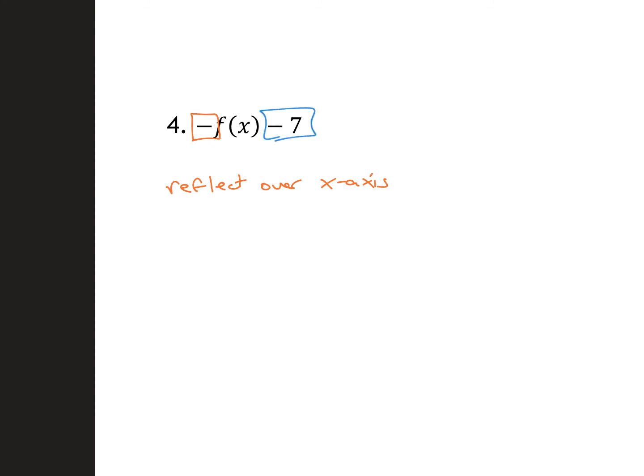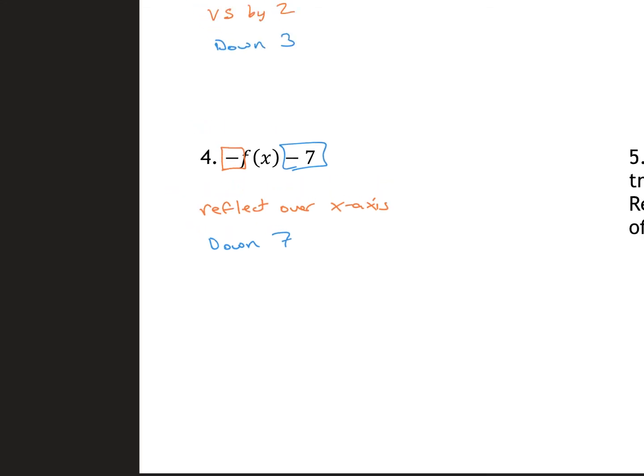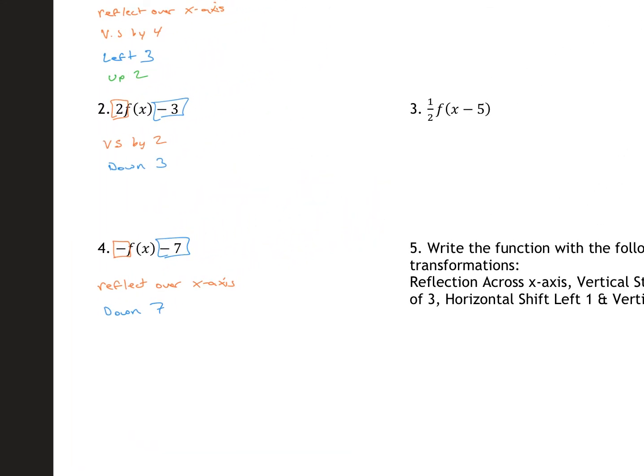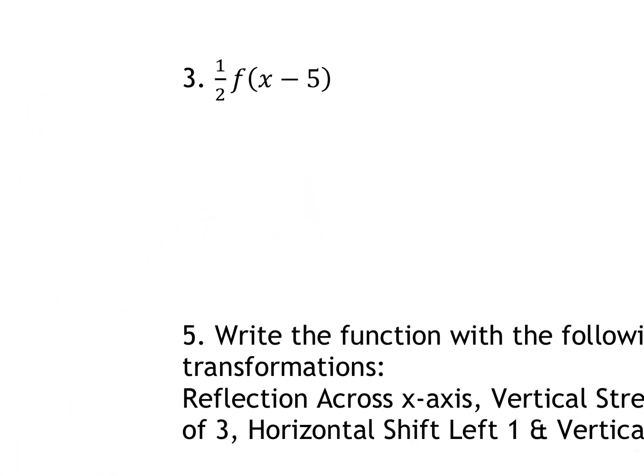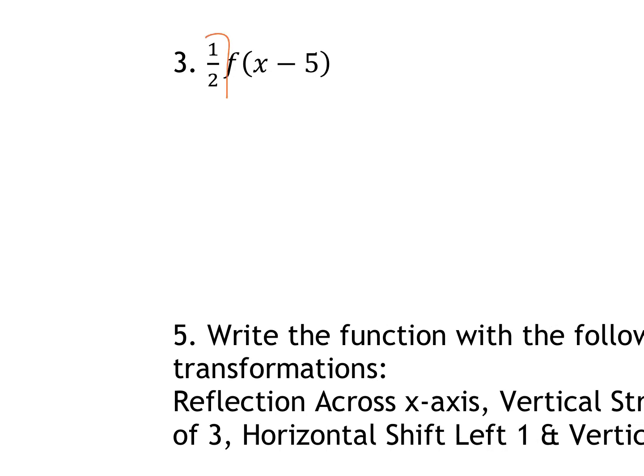And then I got the minus 7 is on the outside, so that is just going to be down 7. It's not on the inside, it's on the outside. Coming over here to 3, I got 1/2, so that's a vertical stretch by 1/2, or you can call it a vertical shrink because it's gonna smash together. This 5's on the inside now, so that's gonna shift it right 5 units.